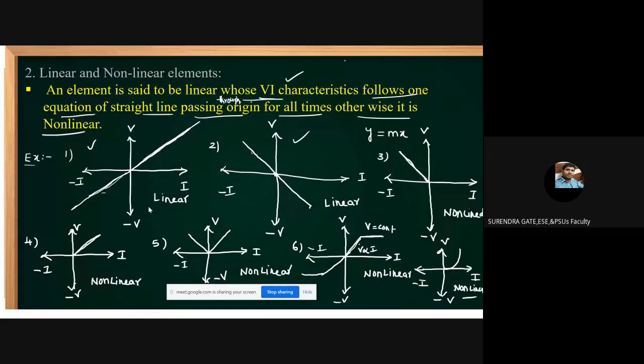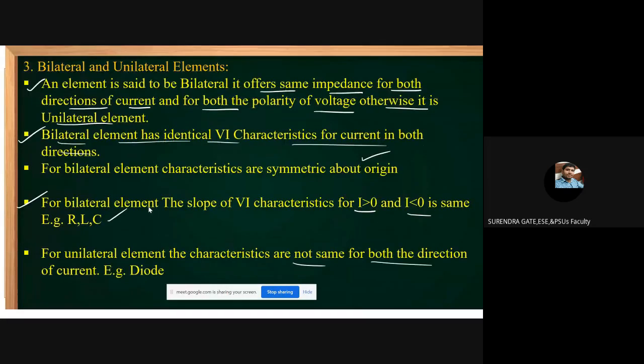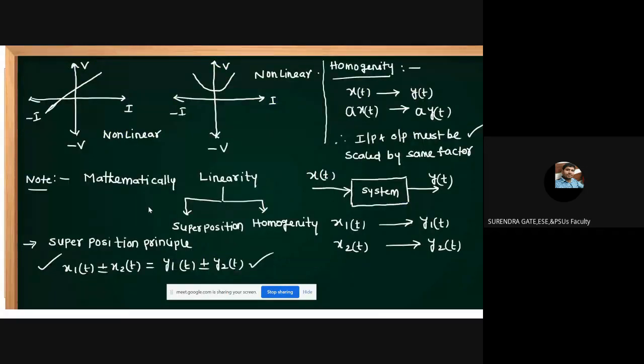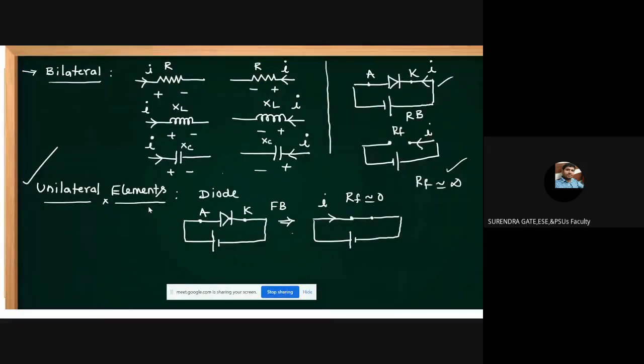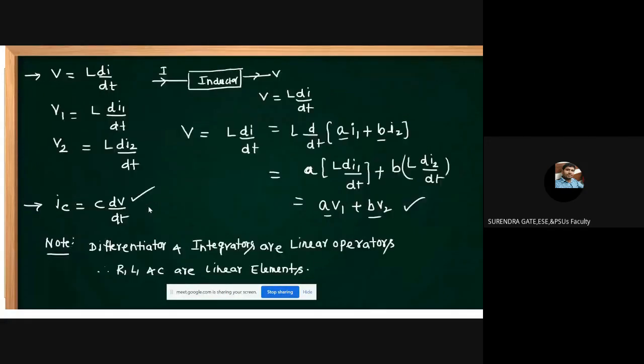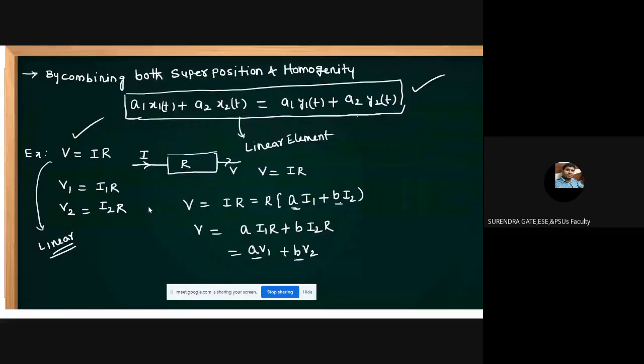For linear and non-linear elements, how to identify them graphically, and mathematically using the superposition and homogeneity principle. Then what are bilateral and unilateral elements, and the examples of unilateral and bilateral elements. Students, don't confuse, this is a continuation of linear and non-linear; just because space is not there, I wrote it here.